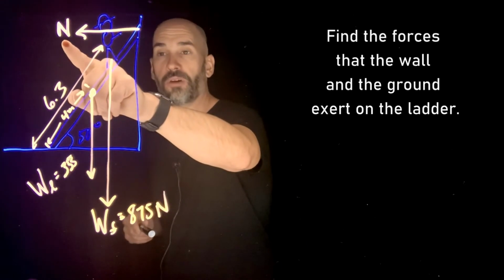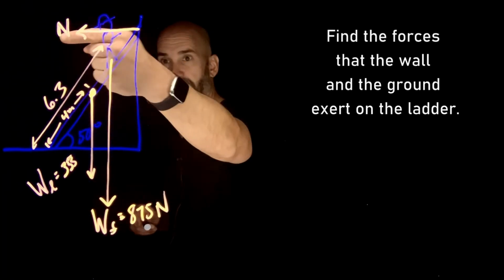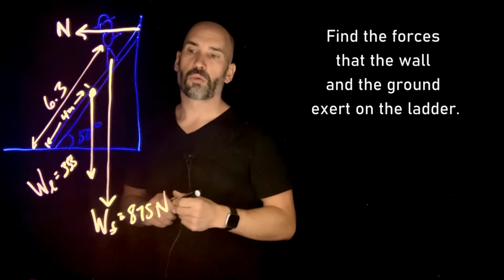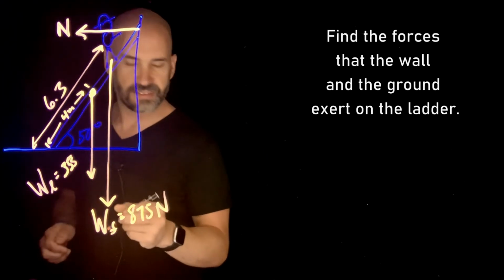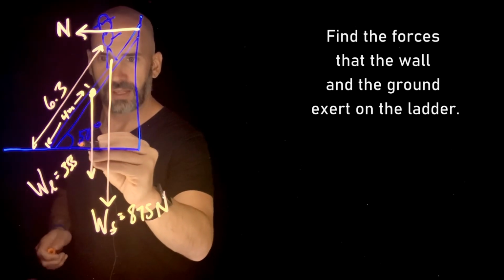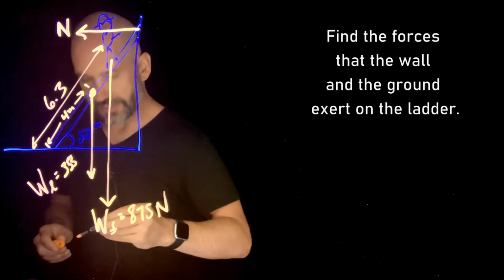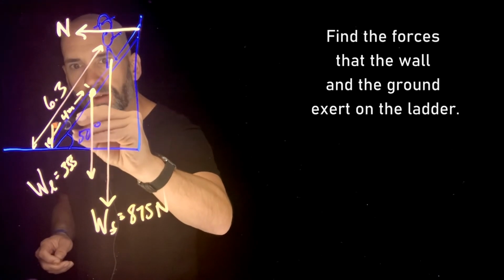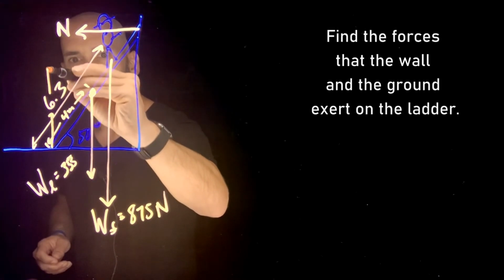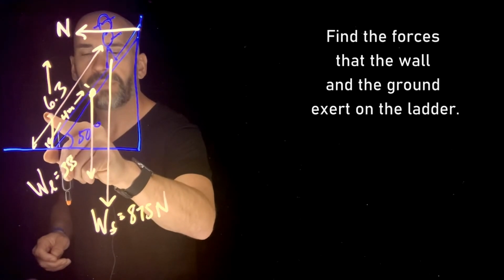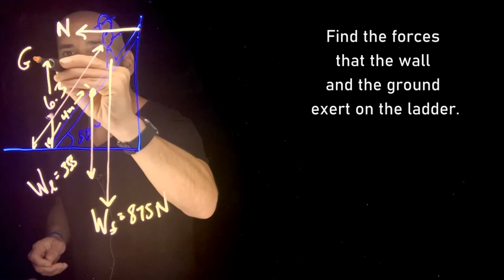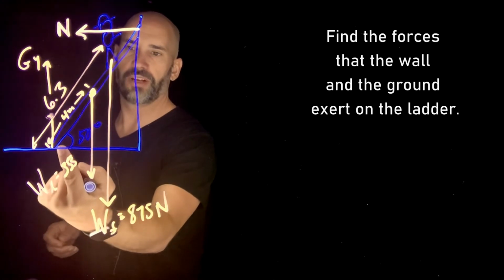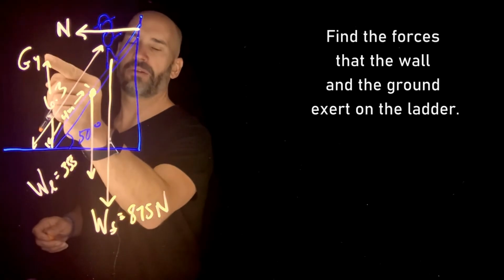So this normal force is the force that the wall exerts on the ladder here. But at the ground, there's going to be a second normal force. It's kind of hard because I have all this other stuff here, but I'm going to make room for it. I'll call this ground Y, which is the force that the ground pushes in the Y direction.